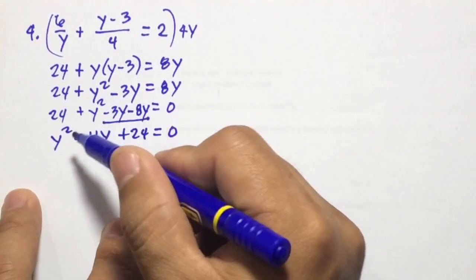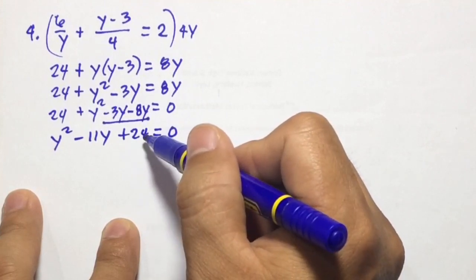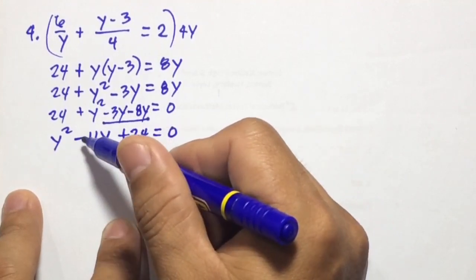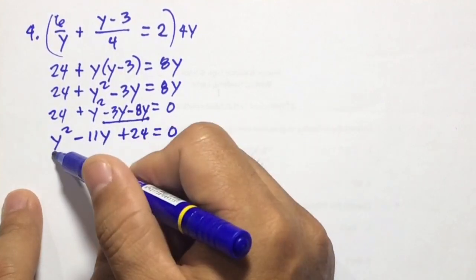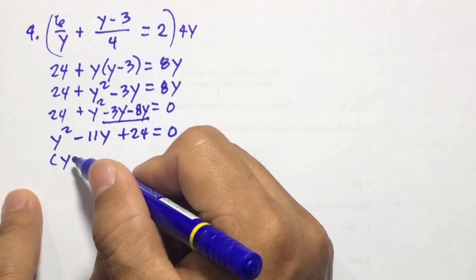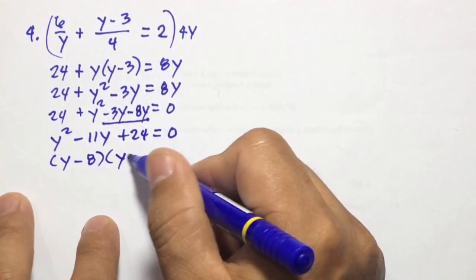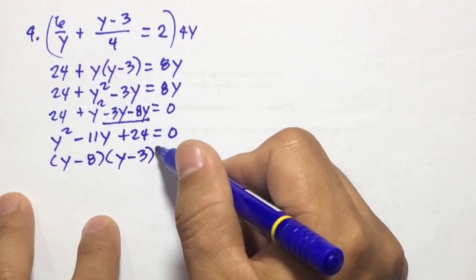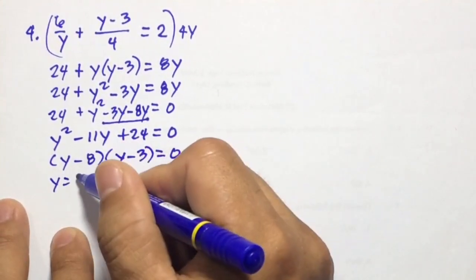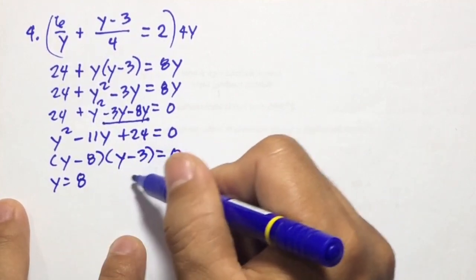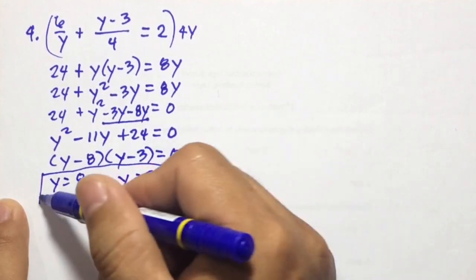Solving this one by factoring, we can find factors of 24 in which the sum of the two is equal to negative 11. So the factors will be y minus 8 times the quantity of y minus 3. This is equal to 0. Then y here is equal to 8 and y here is equal to 3. So this will be your answer.